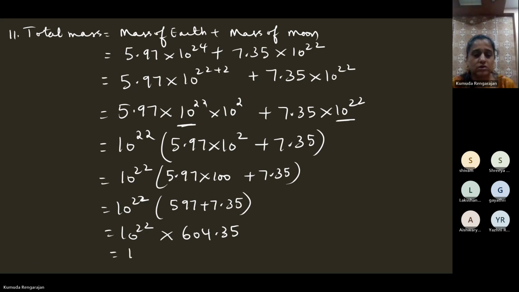Now write it in the scientific notation or the standard form. 604.35 is 6.0435 into 10 square.